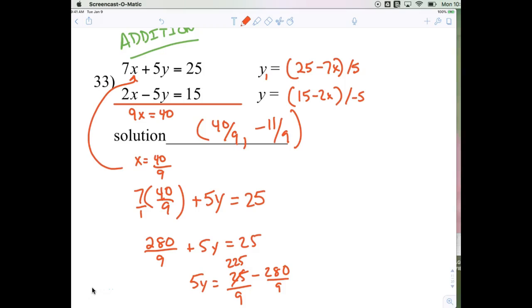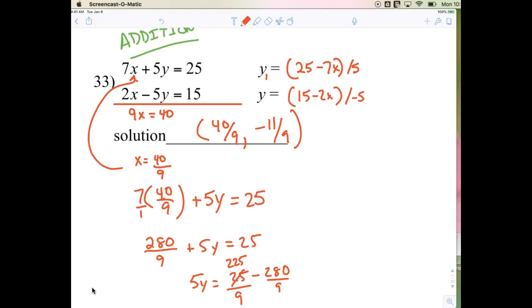Anybody have any issues with the calculator? When I put x into the fraction, it gives me a decimal. Well, first of all, I don't think that's the right answer.